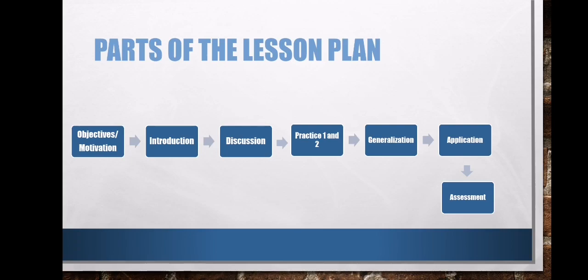Now what you can see on your screen is a diagram that shows the flow of the lesson. At the start of the class, I'll be presenting the learning objectives and I will let the students read these objectives aloud. After presenting the objectives, there will be two activities related to the lesson for the motivation part. The second part will be about the introduction of the topic.